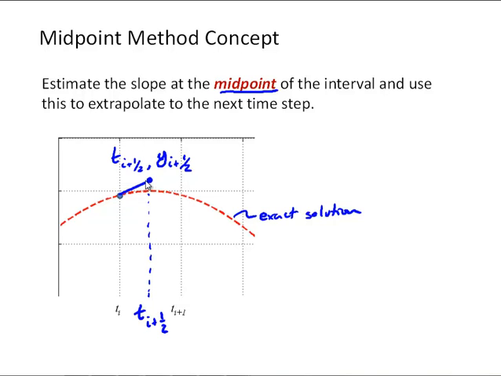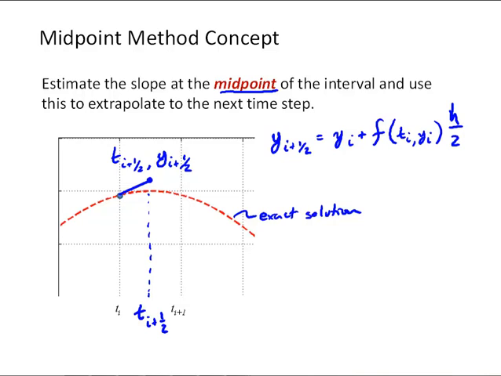And we'll get that value simply using Euler's method to predict that value. So the first step here is to say yi plus 1/2 is equal to yi plus f evaluated at ti and yi times h over 2. And that's h over 2 again because we're only going to half the interval.